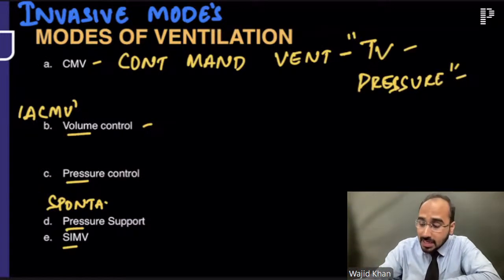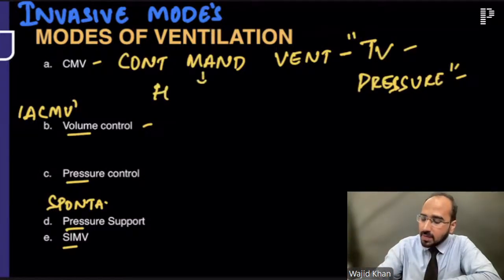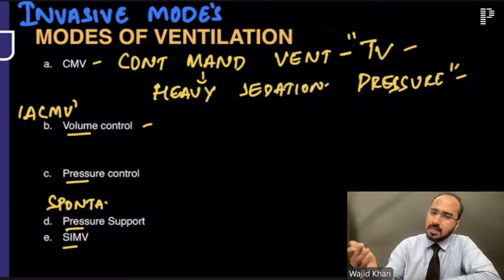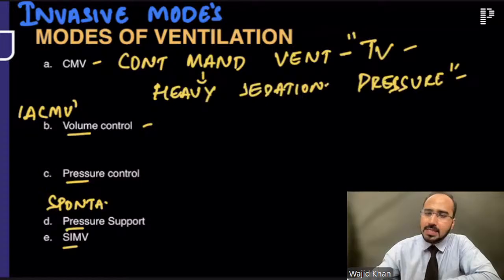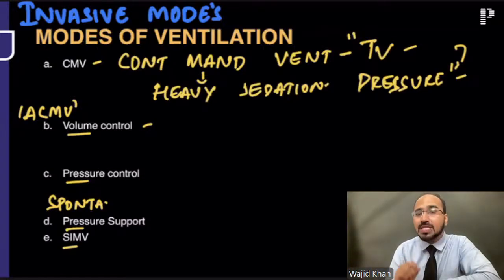But the ventilator wants the patient to be in a relaxed state. Hence, what do we give? We give the patient heavy sedation. As we are giving heavy sedation, the patient is not breathing and the ventilator is giving the volume as well as pressure. But due to this, what will happen?